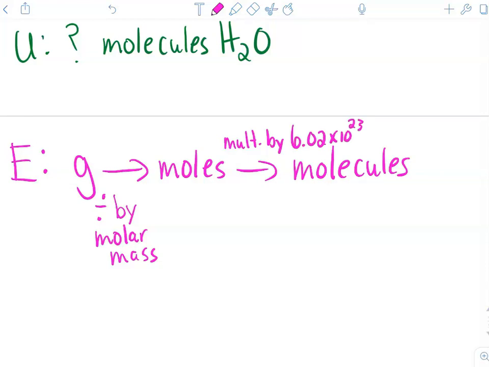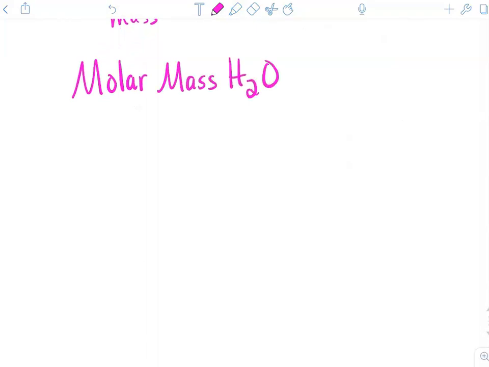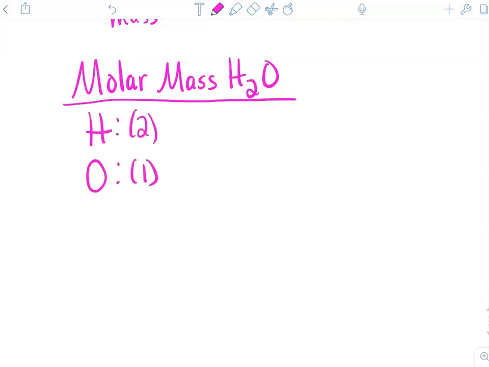Now, we have to find the molar mass of water. So, molar mass of H2O. And again, I'm not going to show on the periodic table finding the masses.